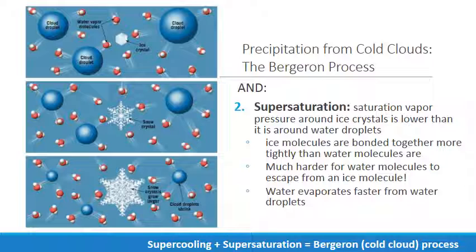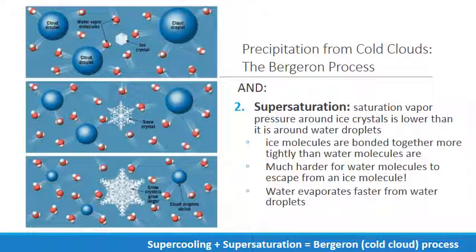Another important property of water, that was supercooling. This is about saturation vapor pressure, and it's a little trickier to understand. But saturation vapor pressure around an ice crystal is lower than it would be around a water droplet.